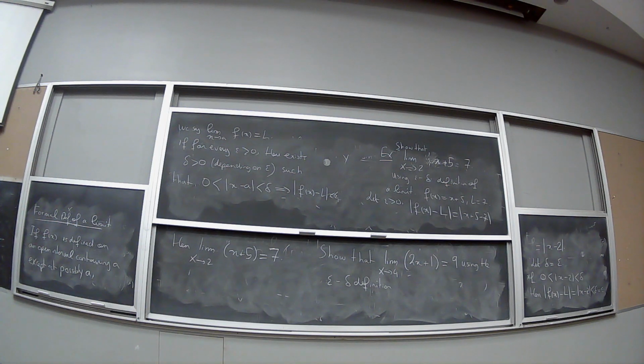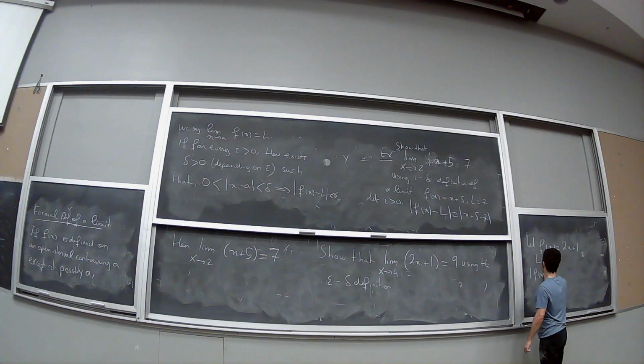Great. So let f of x be equal to 2x plus 1, and what is L in that case? L is 9.